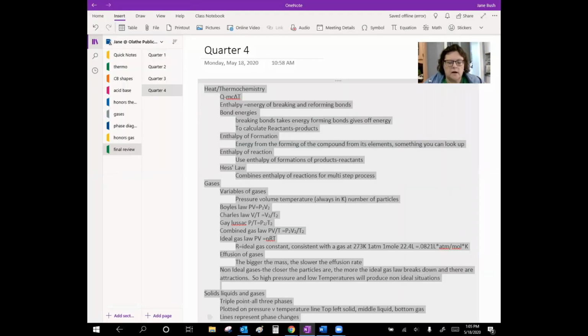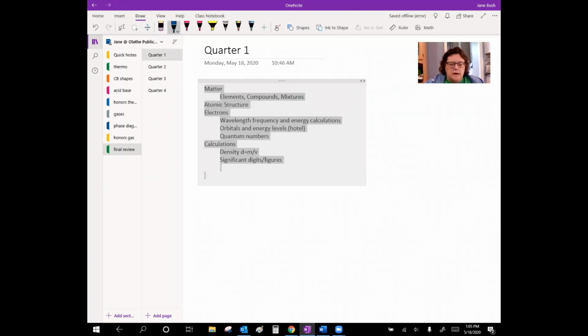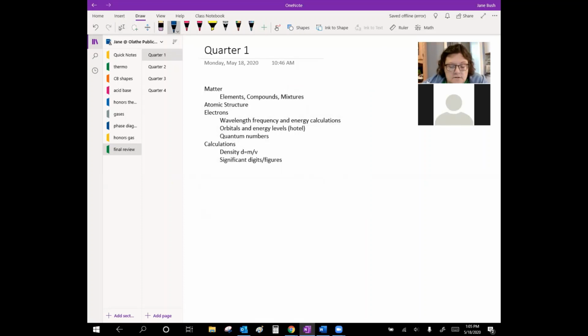And here we've got, let's see, here's quarter one. And you guys did some of this without me, of course. Starting with matter, you all know elements, compounds, and mixtures. Remember that elements are made of one thing.